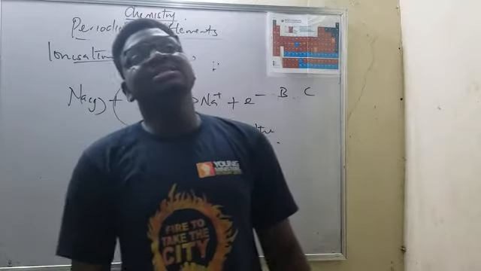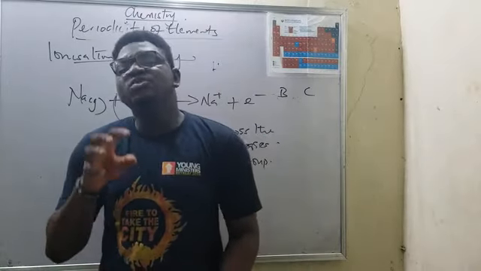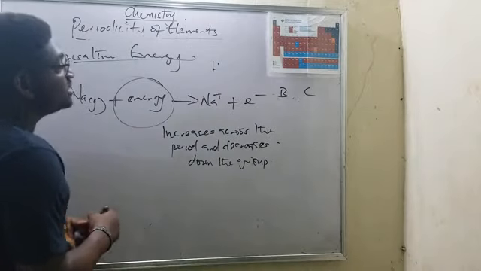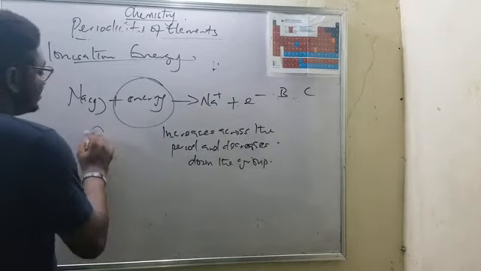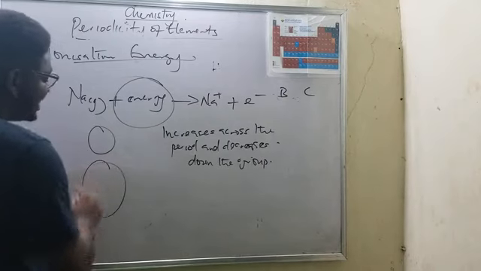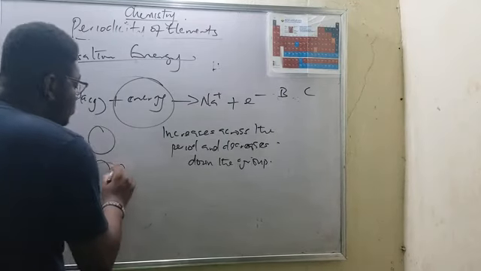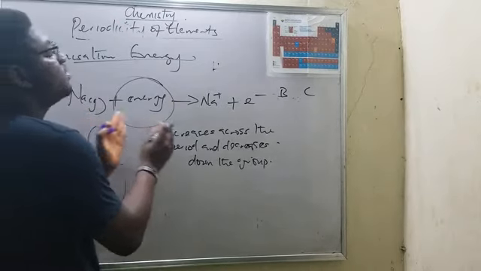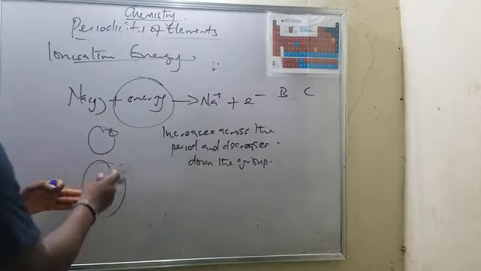So at a point in time, the effective nuclear charge is reduced and the electron is lost. For instance, let's say we have lithium, whose size is like this. For sodium, the size is like this. So it is easier for you to remove an electron from sodium than from lithium, because it has a bigger size.